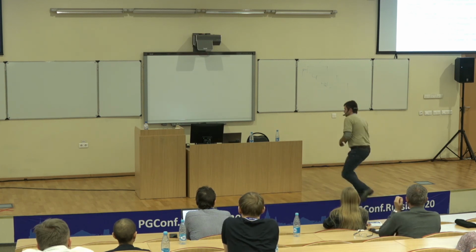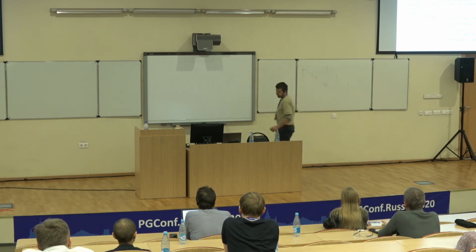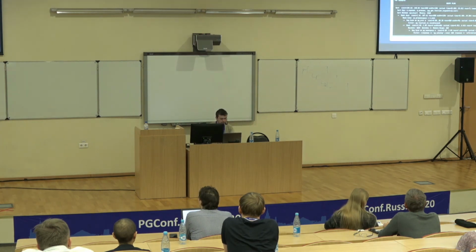In Postgres there is the command PREPARE. I show a simple example. PREPARE x AS SELECT ... And now I stored a prepared plan, an execution plan, under the name x.